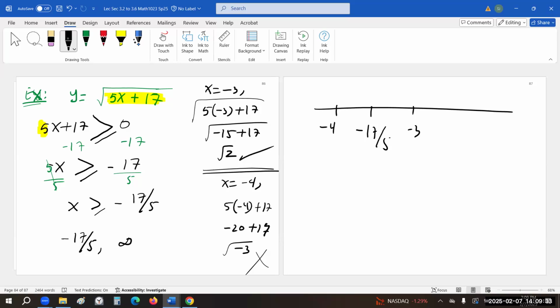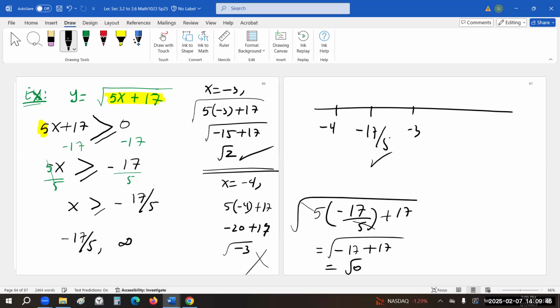Now, we can use negative 17 over 5. 5 times negative 17 over 5 plus 17. The 5s cancel, we get negative 17 plus 17, which is 0. And square root of 0 does exist. So we can use negative 17 over 5. But anything smaller than that, we cannot use.